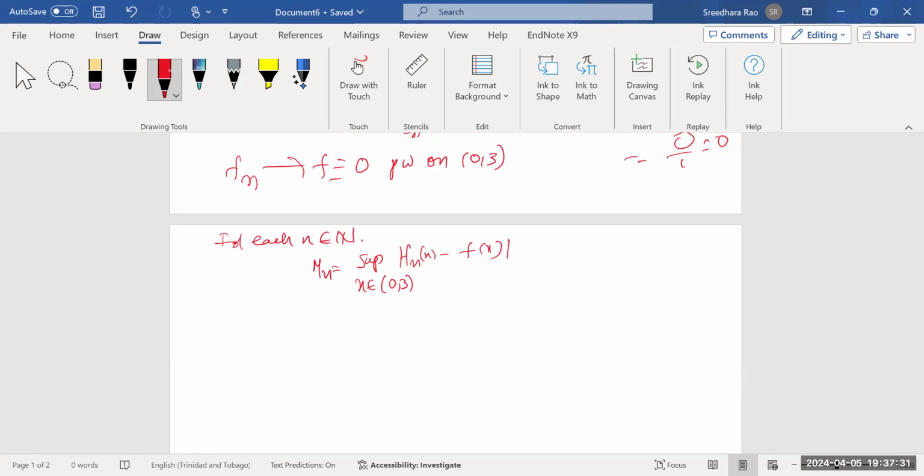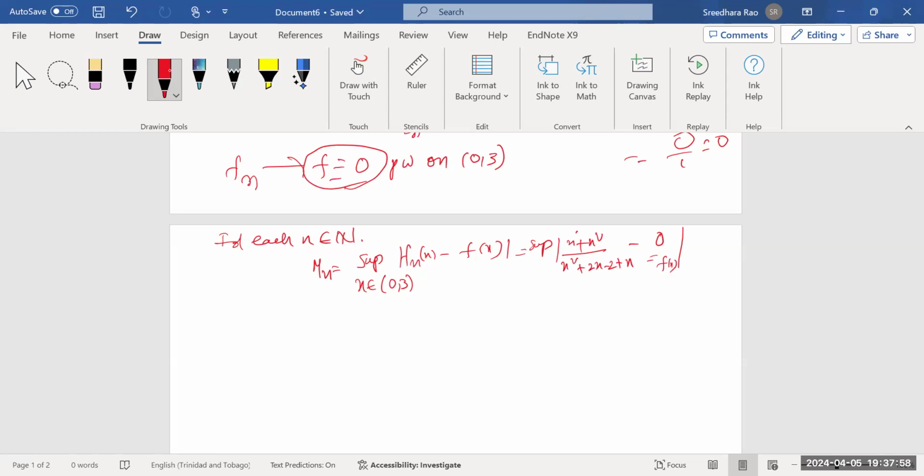So this is the supremum of the modulus of (n plus x squared) over (n squared plus 2n minus 2 plus x) minus 0, because f of x is equal to 0 for all x belonging to this interval.